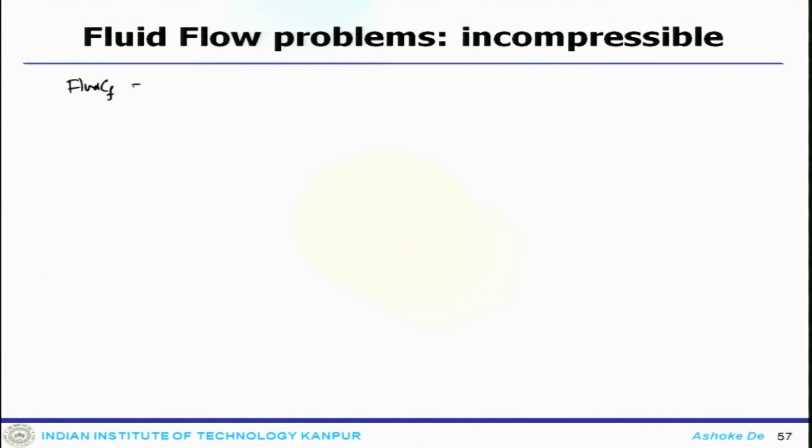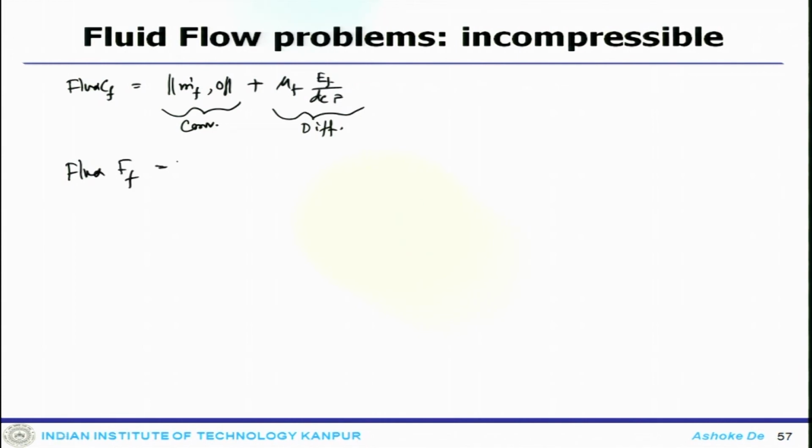where you can have terms like flux Cf equals m dot f 0 plus mu f by dCf, which is the convection contribution, and this is your diffusion contribution, and flux Ff equals minus m dot f 0 minus mu f by dCf.